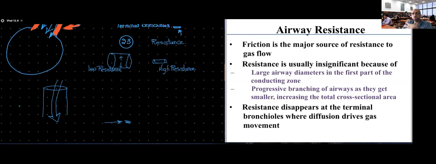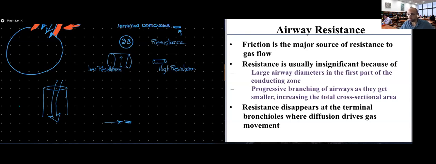So is it difficult for you to breathe right now? You're sitting in your chair. Do you need to exert effort to breathe, to overcome this resistance? So we did agree that small diameter creates high resistance. So I'm expecting to see that those terminal bronchioles will definitely be applying a much greater resistance.